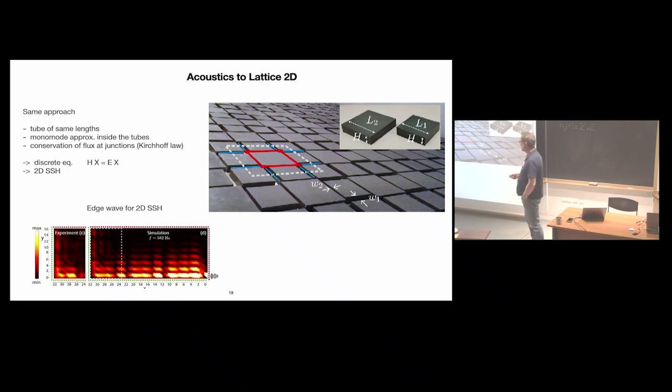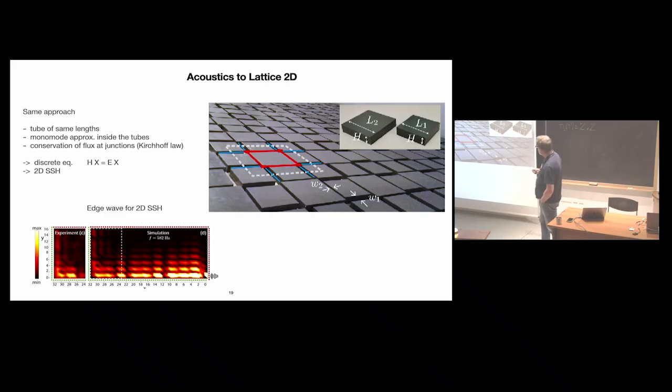Then you go to a discrete, typical lattice equation. For instance, here is a realization of the 2D SSH. The 2D SSH, as the name quite obviously indicates, plays the game of alternating hopping in each direction.